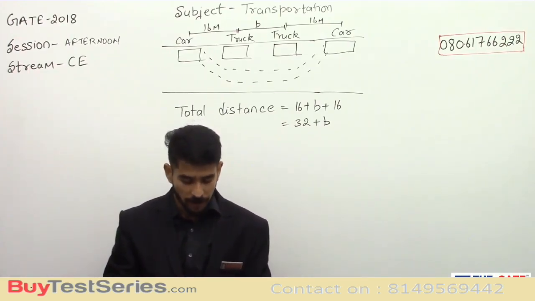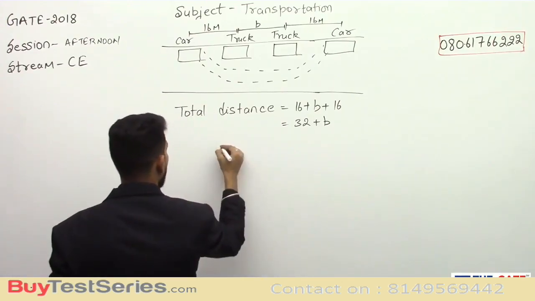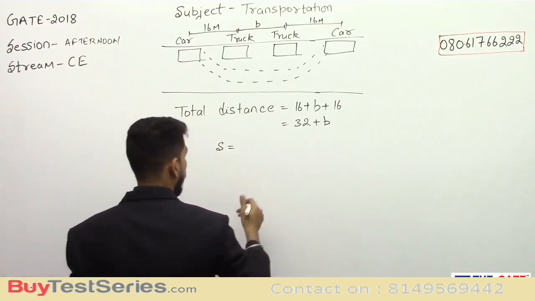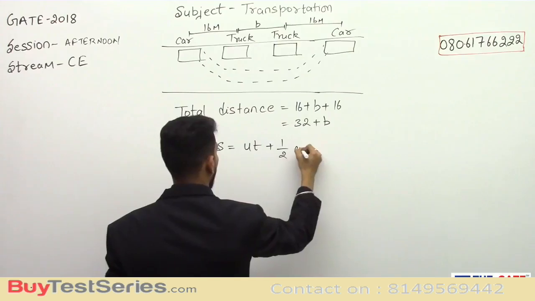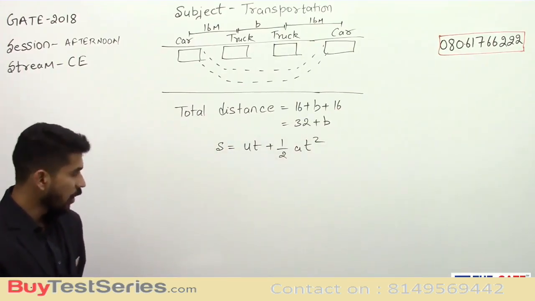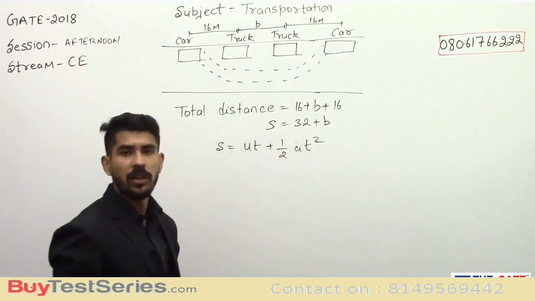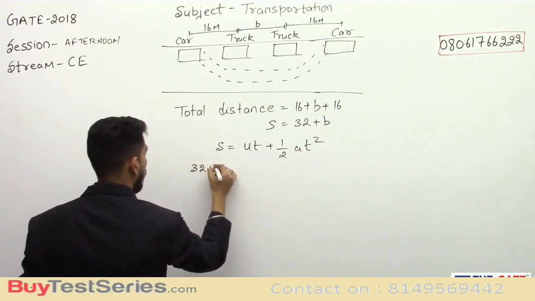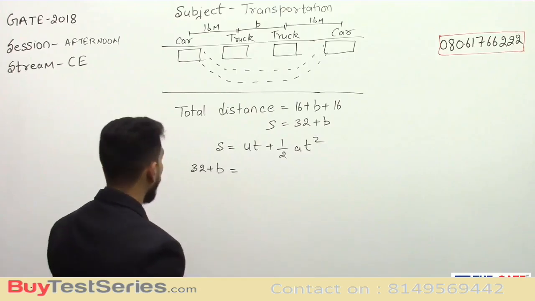Now we can write the total distance traveled S equal to UT plus half AT square. And S is the total distance which is traveled. So S equal to 32 plus B, which is equal to UT. Now what is U?